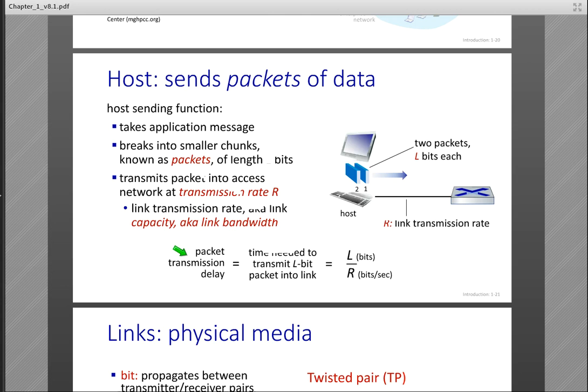Please be clear. When we talk about transmission rate, it means the capacity of the link, the capacity of the network. However, it's different from bandwidth. Bandwidth is something else.